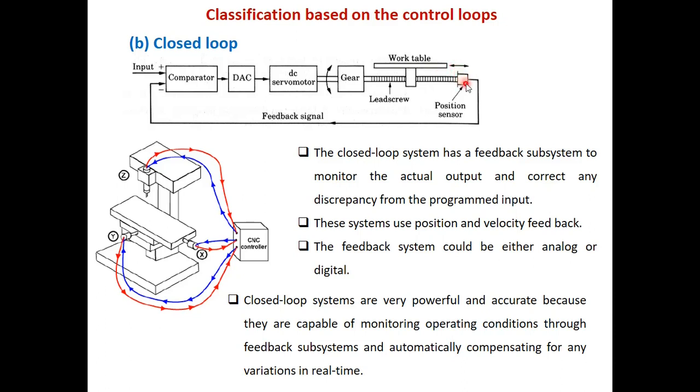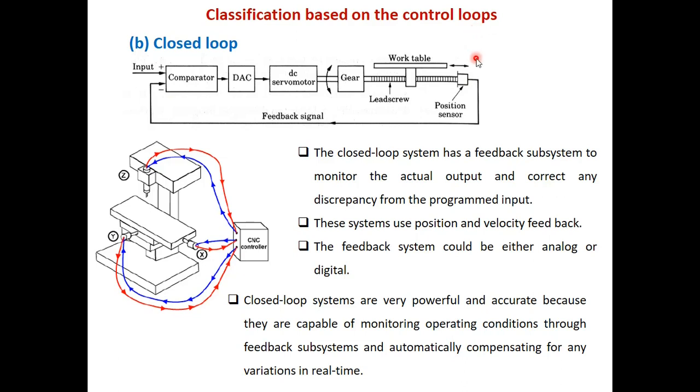Once it reaches the respective position, the feedback signal goes to the controller and the next operation can be done. For example, I want to move a table 10 millimeter and then do the drilling operation. Once the DC motor moves that table 10 millimeter to the right, it will send a signal to the controller, then the drilling operation will start.